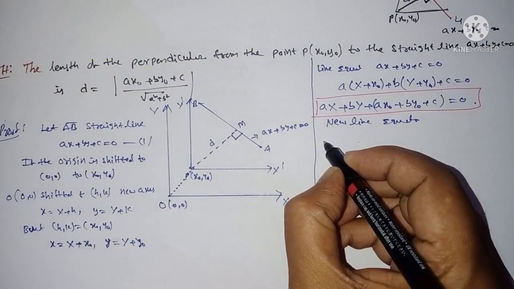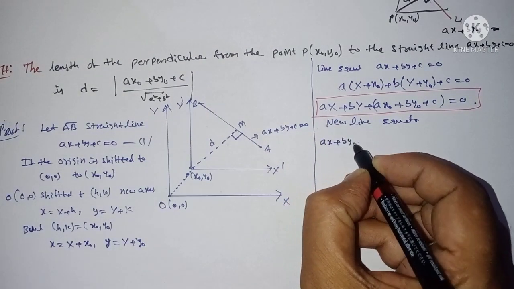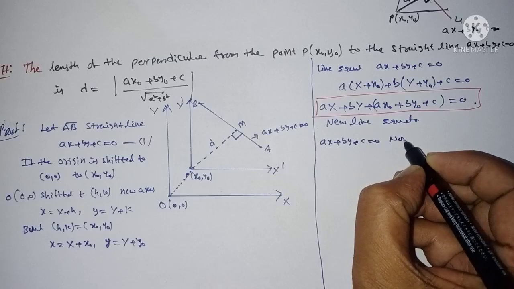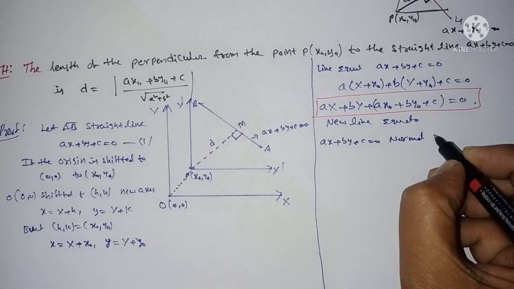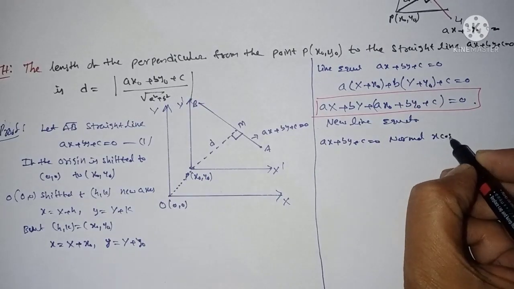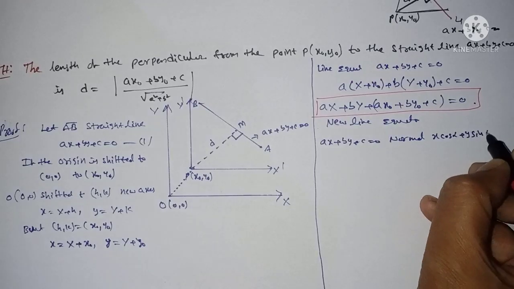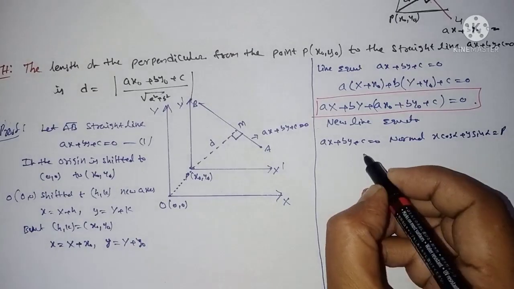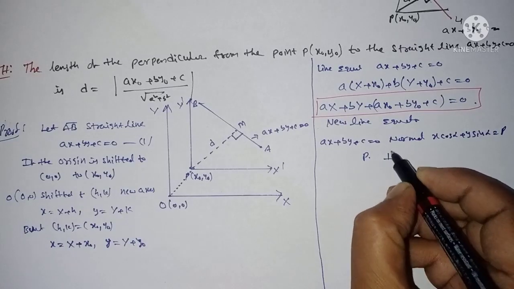We have the formula: if it is given ax plus by plus c is equal to 0, the normal form is x cos alpha plus y sin alpha is equal to p, where p is the perpendicular distance.